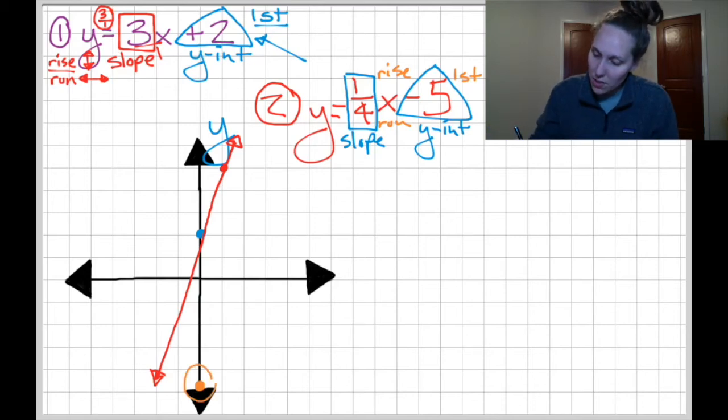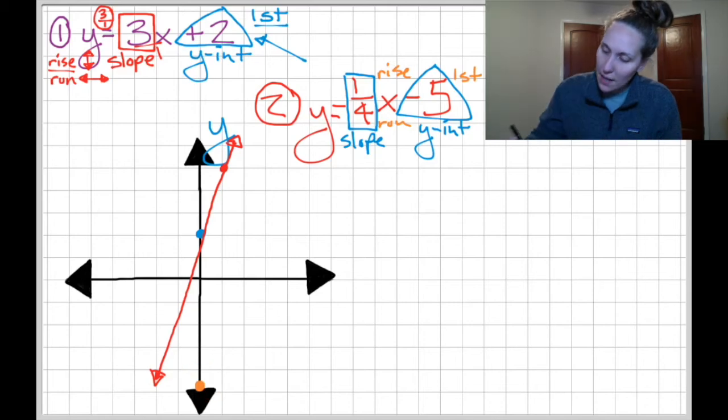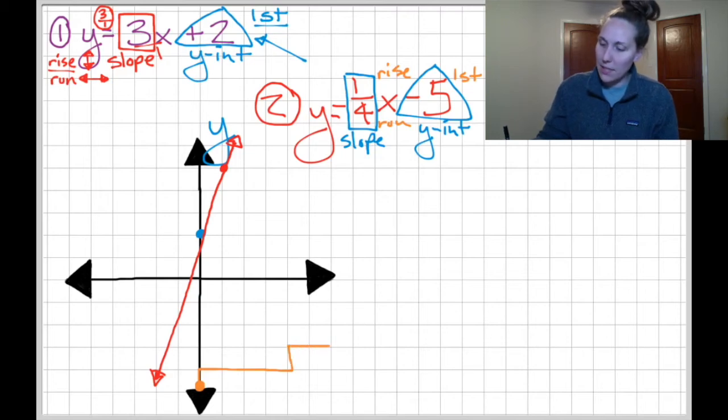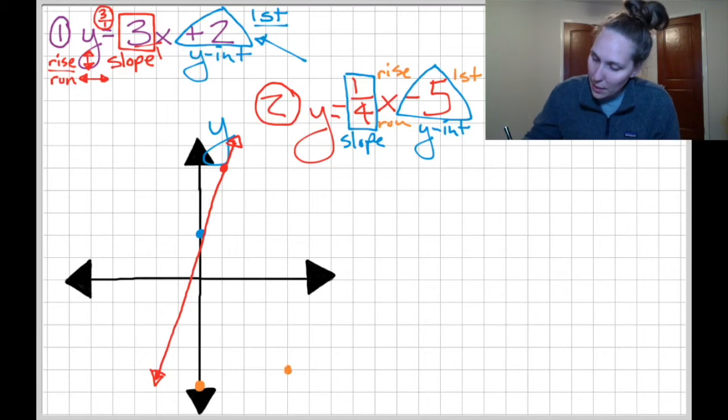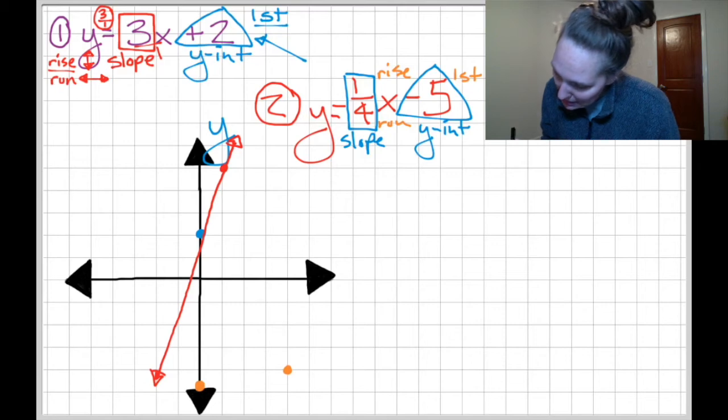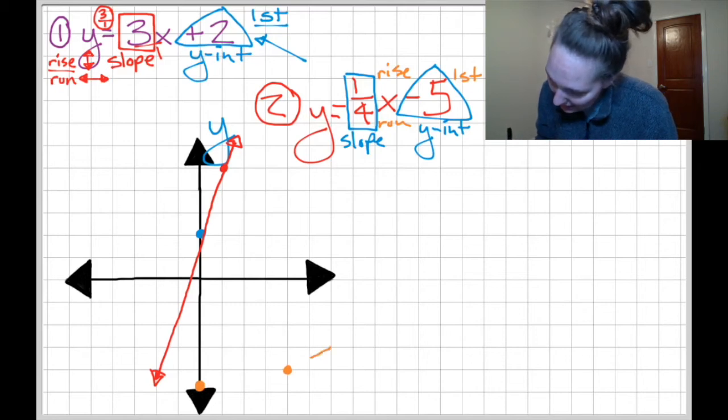So again, starting here at my y-intercept, I'm going to rise +1 and then run +4. Again, I run out of room on my graph to keep doing that, so I've got to stop just at that one. Rise there, run there. I'm going to get rid of that line, and I'm just going to put my dot. I'm going to draw the best line here that I can.